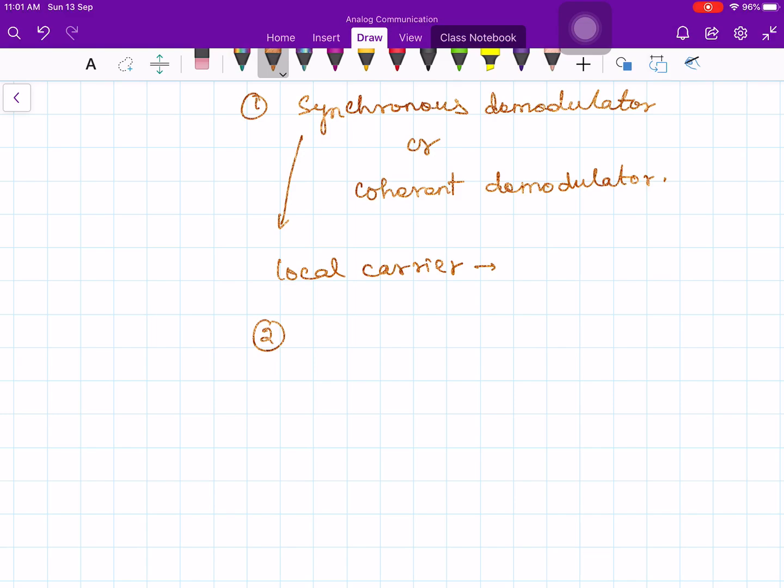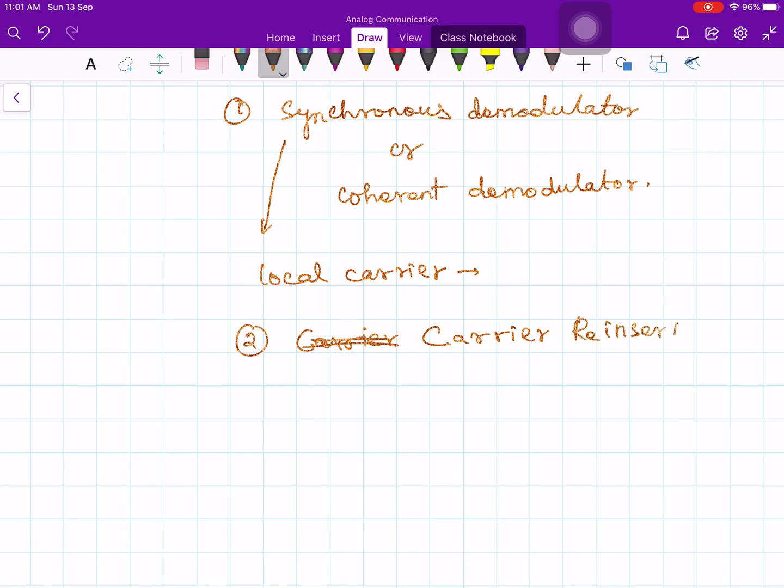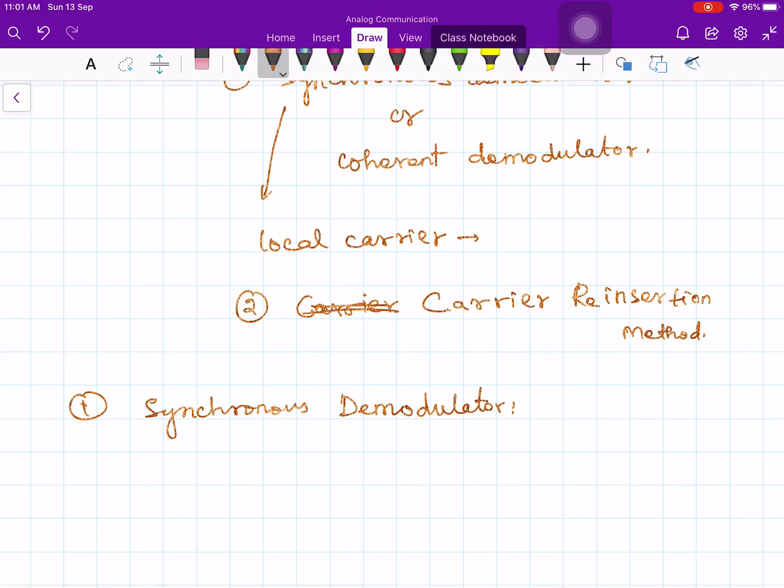So mainly we are going to discuss two methods to demodulate the SSB signal. The second one is the carrier reinsertion method. Now let us first talk about the synchronous, or coherent, demodulator.